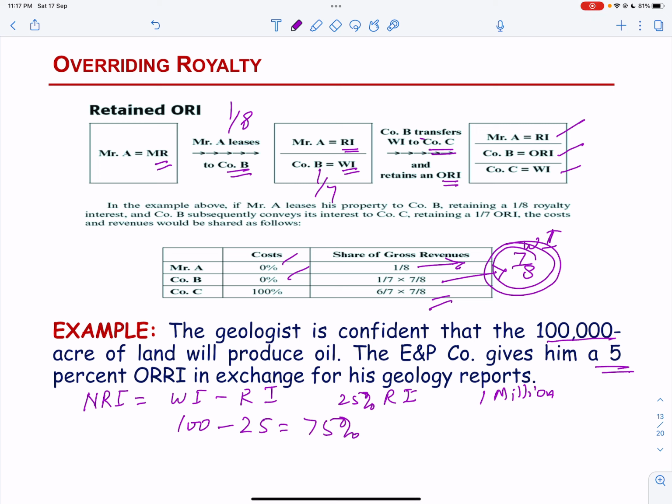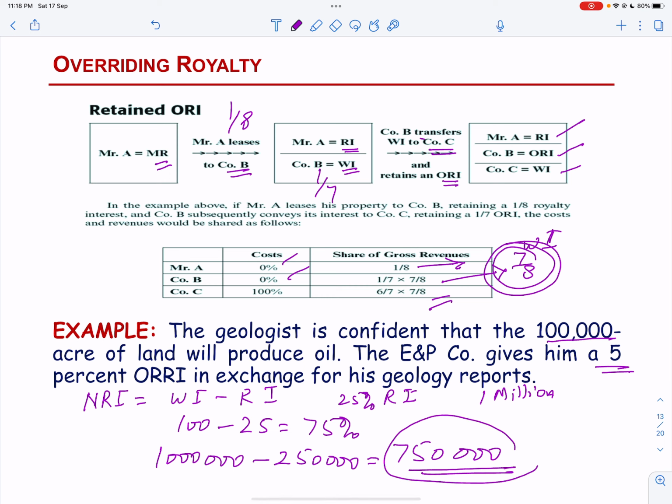So 1 million minus 250,000, that is 750,000 monthly, is the net revenue interest. The geologist would then receive a monthly royalty check on 5% of this net revenue interest.